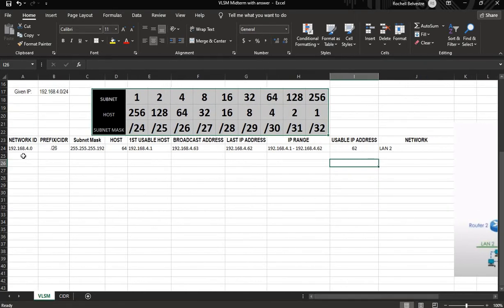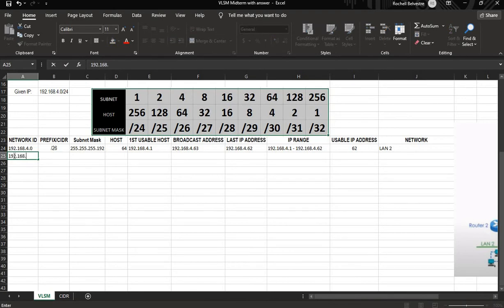Alright, so the next step under network ID is to add the network ID plus the host count. So this would become 192.168.4.64. That's why we're not using .64 in our broadcast address, because we're going to use it here under our network ID.